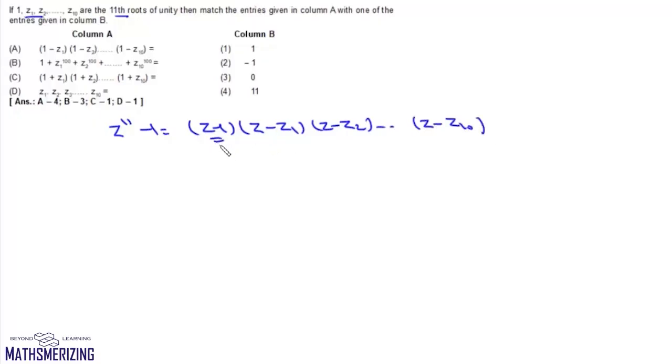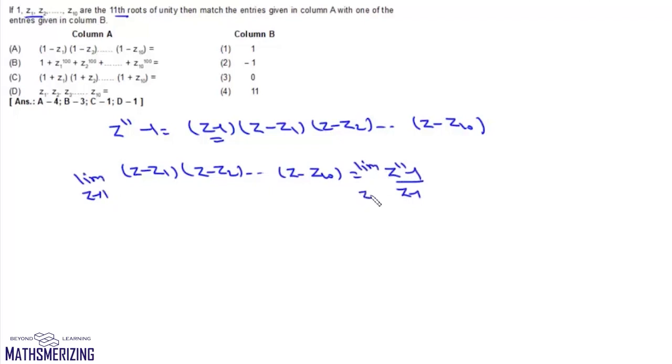Now we'll divide everything by z-1. We can write (z-z1)(z-z2)...(z-z10) as (z^11 - 1)/(z-1), and we'll take the limit z tends to 1 on both sides.